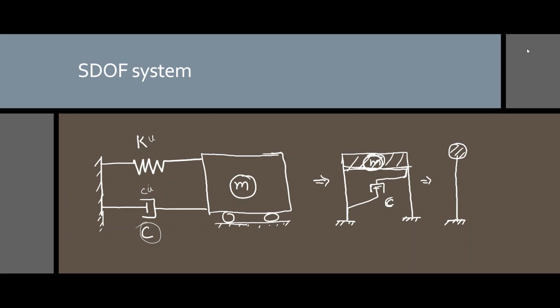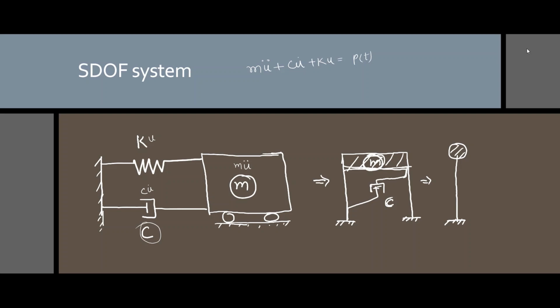When an applied force is there, or any deformation or initial velocity is given, it will accelerate. So an inertial force would develop, which we write as m u double dot. Therefore the formula would be m u double dot plus c u dot plus k u equals p of t, when any external load is applied.